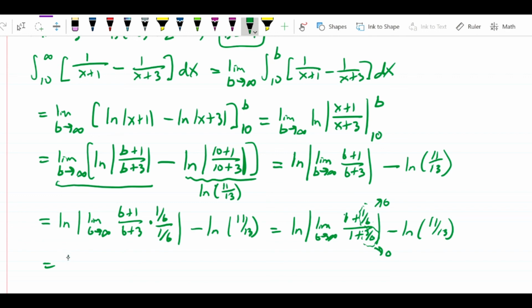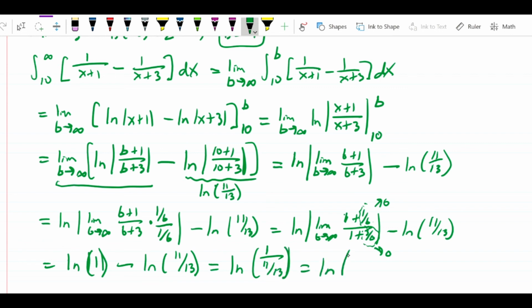So that's going to equal ln of 1 over 1, which is ln of 1. I don't even really need the absolute values, obviously, minus ln of 11 over 13. That's going to equal ln of 1 over (11 over 13), which equals ln of 13 over 11, and that's the answer.